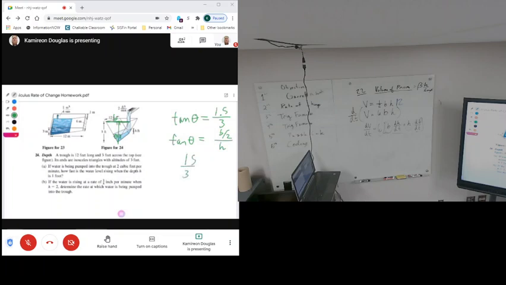1.5 over 3 is equal to B over 2 over H. Solve for H, cross multiply. So we end up with 1.5 H equals 1.5 B. How do I solve for B?